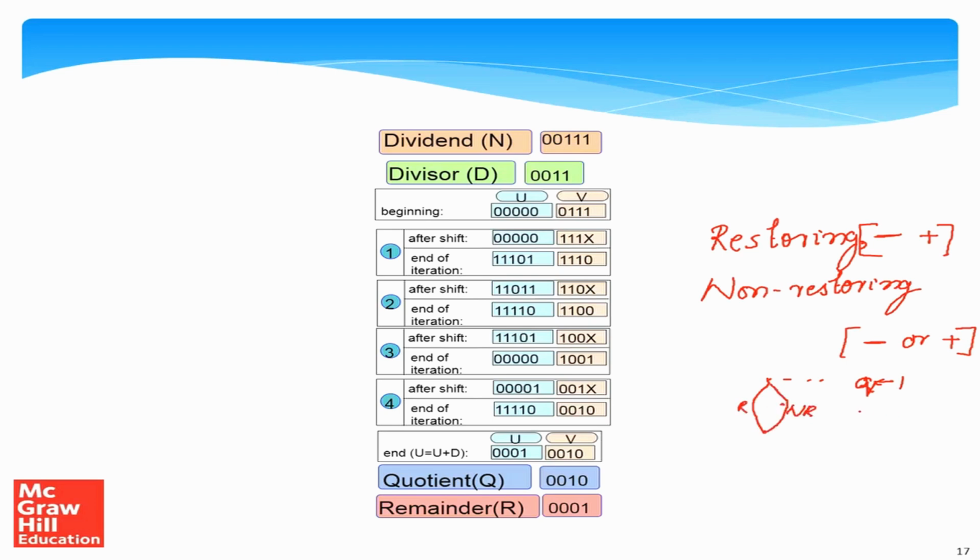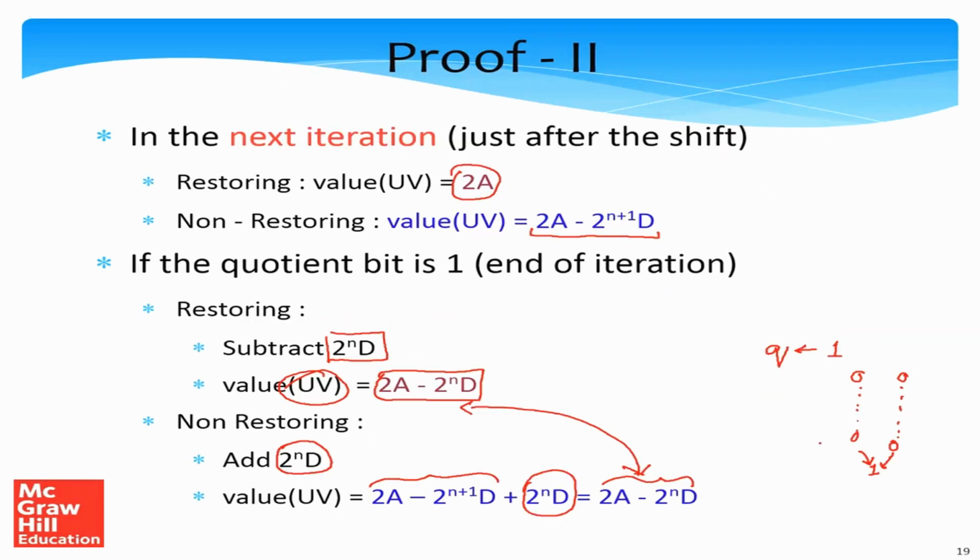Finally, when we again compute a quotient bit to be 1, the states merge. Then again, if the quotient bits are 0, the states diverge. The next time that the quotient bit is 1, the states will merge and be the same. So that's the way that we can prove. The detailed proof is there in the book. But in any case, the summary is that the non-restoring algorithm is faster than the restoring variant.